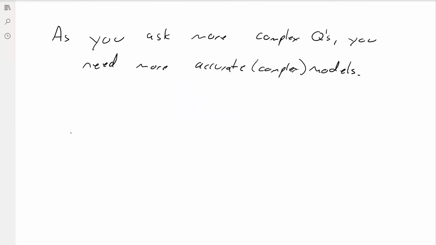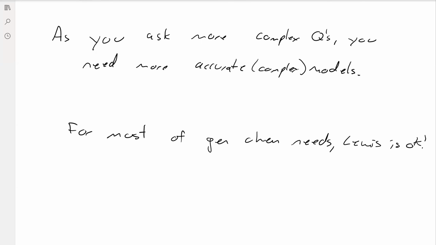For us in Gen Chem, for most of our Gen Chem needs, the Lewis structures or the Lewis model is totally A-okay. But anyways, you still get a nice intro to some more advanced theories of bonding with valence bond theory and molecular orbital theory. Note that VSEPR is not really a theory of bonding, that's a theory of molecular shape.